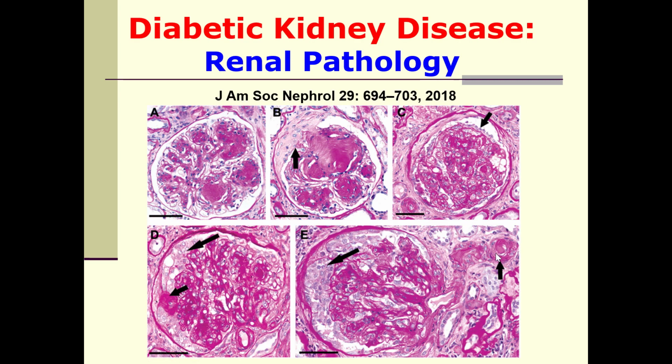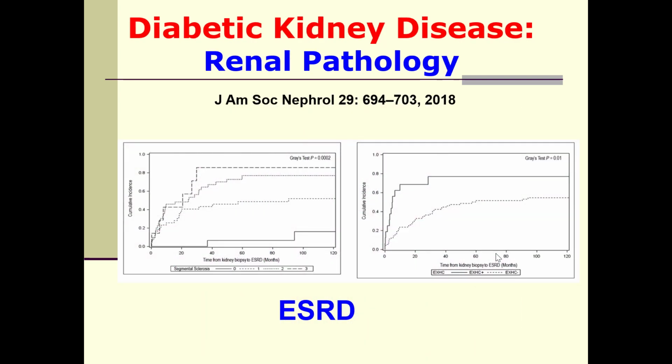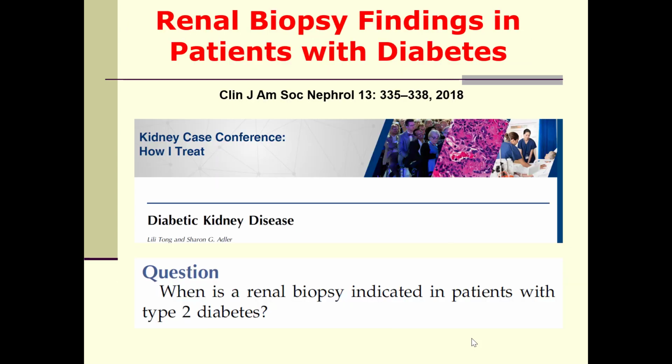Both of them are bad. Why? Because the higher the percentage of segmental sclerosis and extracapillary hypercellularity, as you see in this slide, the higher the incidence of end-stage kidney disease. And we are waiting for further studies to evaluate segmental sclerosis and extracapillary hypercellularity in predicting end-stage kidney disease.